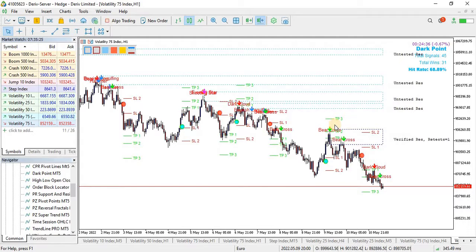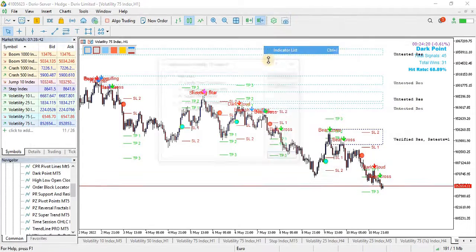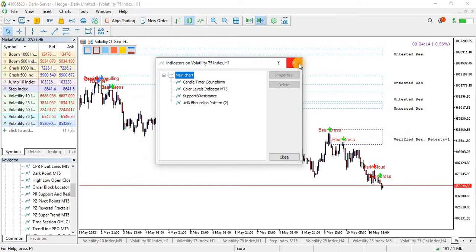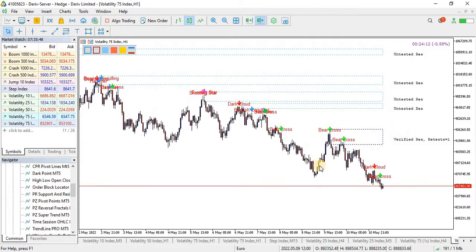So there was a resistance level here, which we broke and tested. So we have a verified resistance. So currently we are still in a downtrend. In fact, let me just go in and remove the dark point, because at the moment my chart looks, yeah, that's a cleaner chart right there.